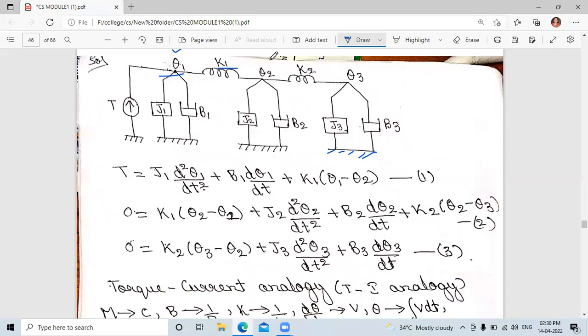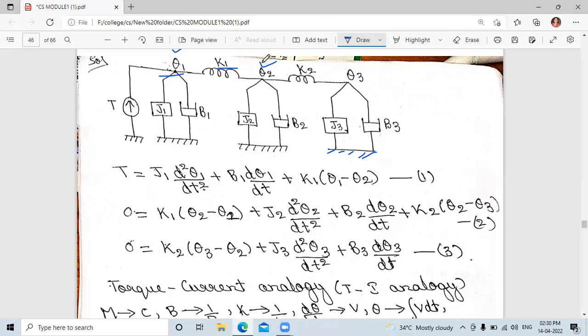Next equation we should write for theta 2. What are the elements connected? K1, J2, B2 and K2. So 0 is equal to, there is no torque connected for theta 2. So 0 is equal to K1 (theta 2 minus theta 1) plus J2 d²theta2/dt² plus B2 dtheta2/dt plus K2 (theta 2 minus theta 3).